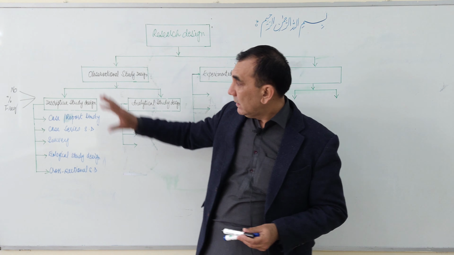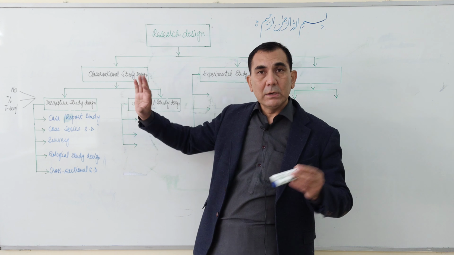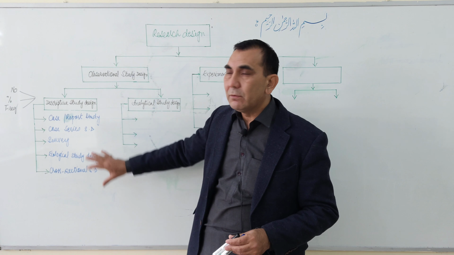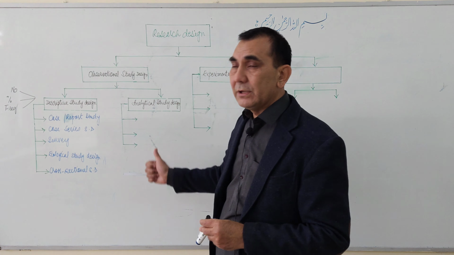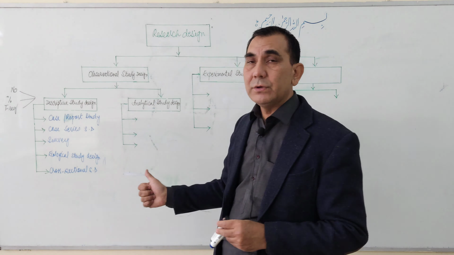We will learn one by one, in more detail, in the coming lectures. In today's lecture I just explain the diagrammatic structures of the different types of research study design used in research projects.